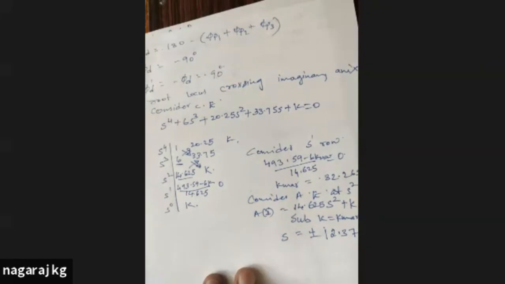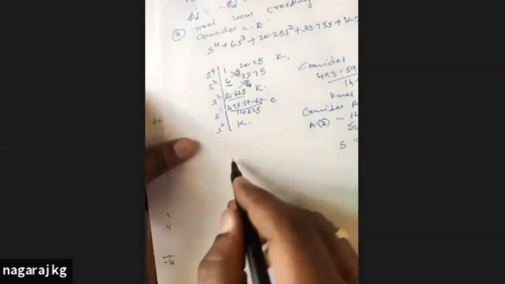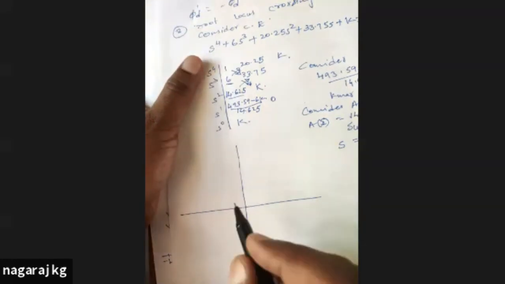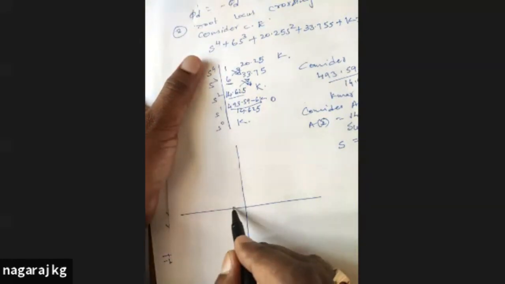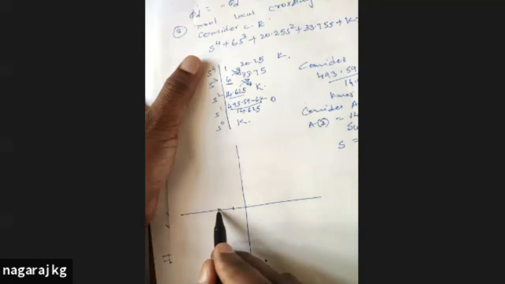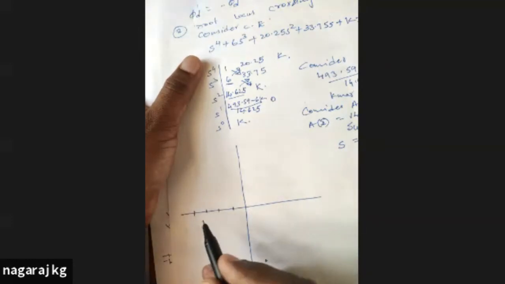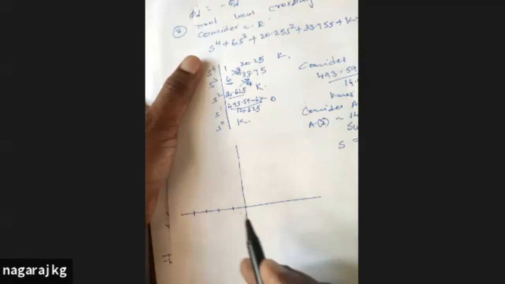Now we have the complete root locus to draw. I'll show you how to draw the complete root locus. You can do it on an ordinary sheet, but you have to redraw it on graph sheet in the exam.